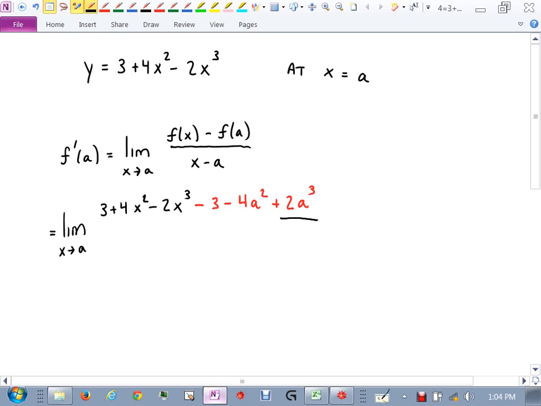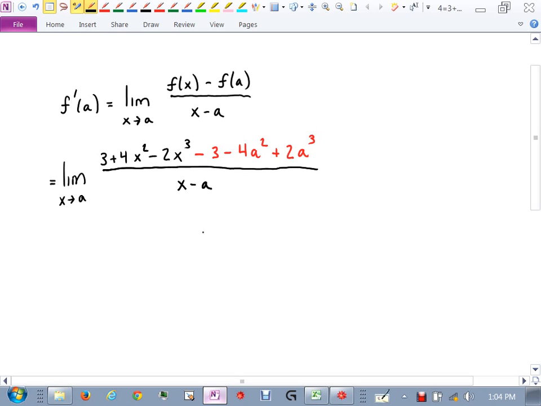Then all of that over x minus a. Okay? And you do get some canceling here. The 3's go away here. And that's it, right? That's it. I can already see where you may have had some issues.